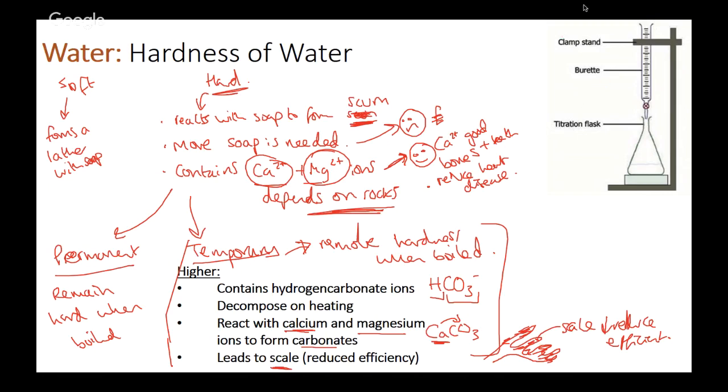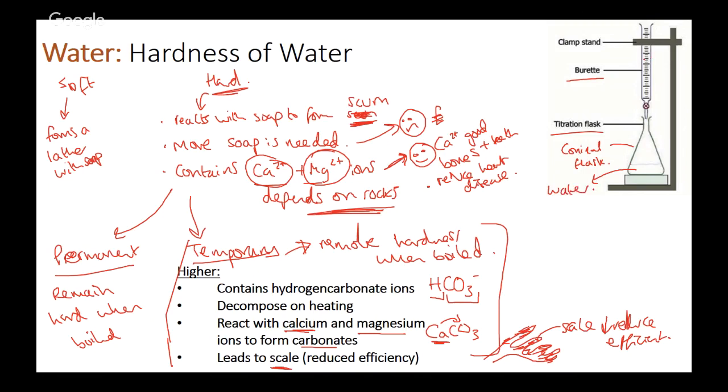Why have we got a set up for a titration when we're talking about water? Well, you can tell whether a water is hard or soft by doing a titration. So you might need to describe this method. You would set up the titration equipment with a conical flask, and a burette. In the flask you could put your water, so it could be hard or soft.